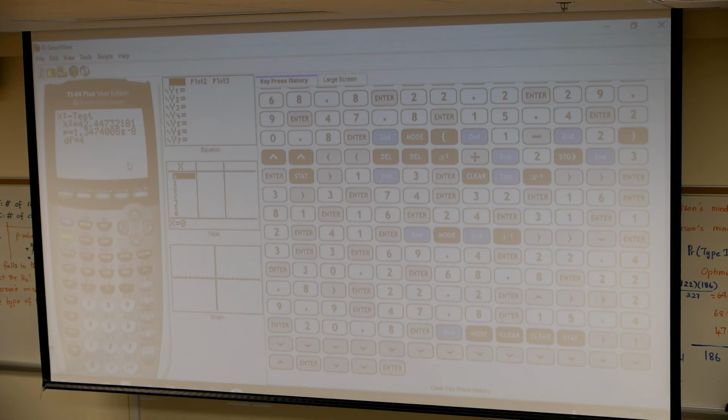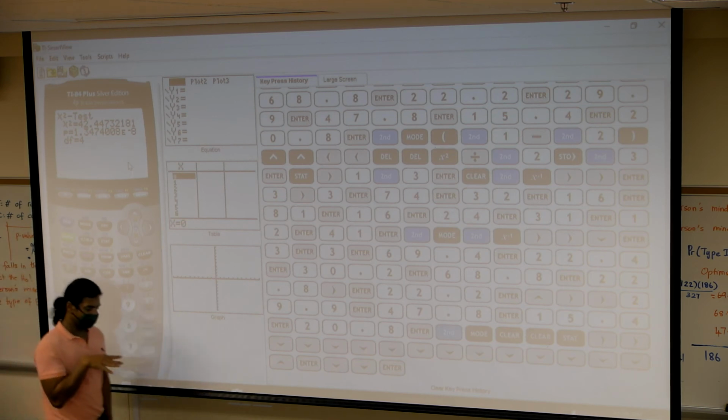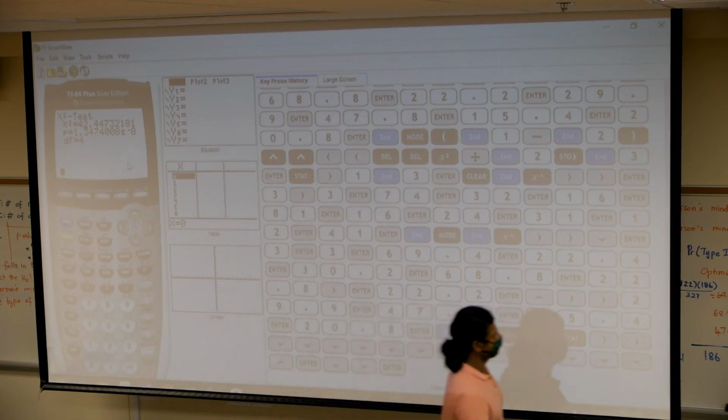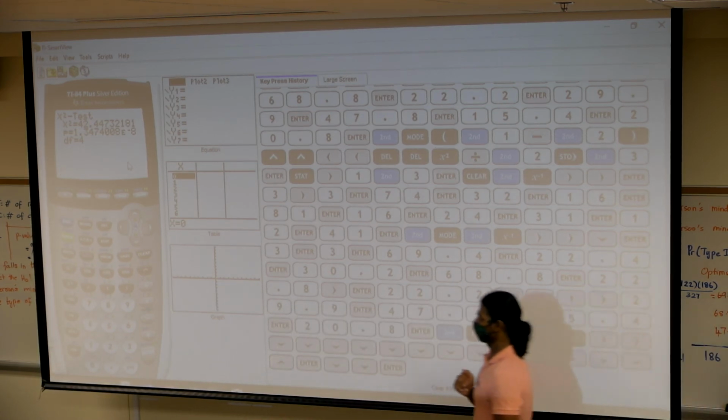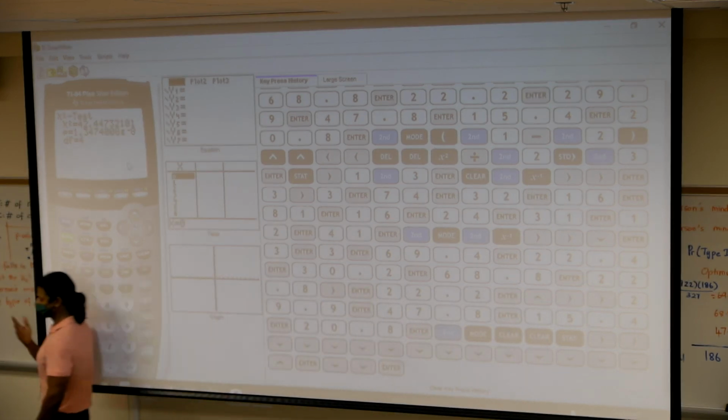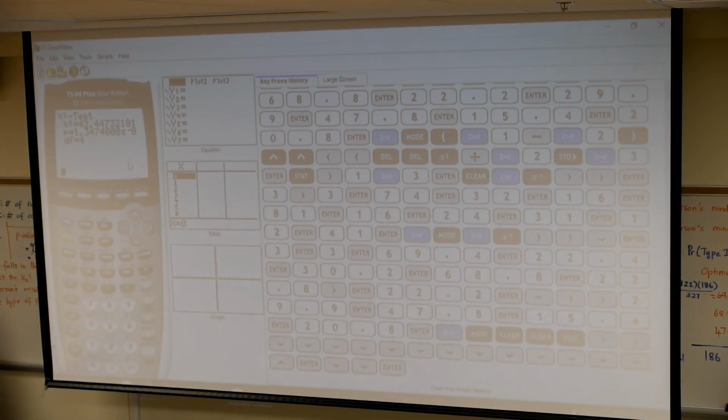Right? Pretty easy. The only tough part here is to find the expected frequencies. Once you find that, it's easy. Are we clear?